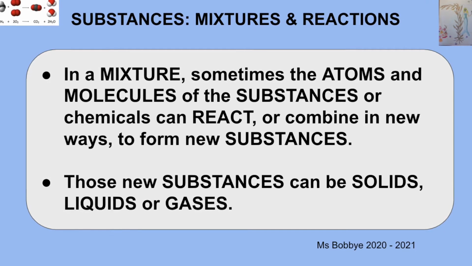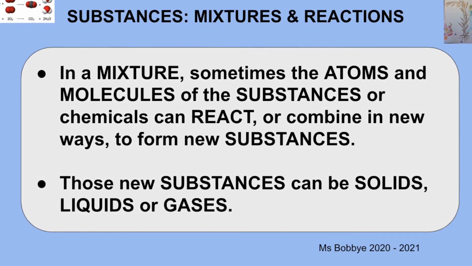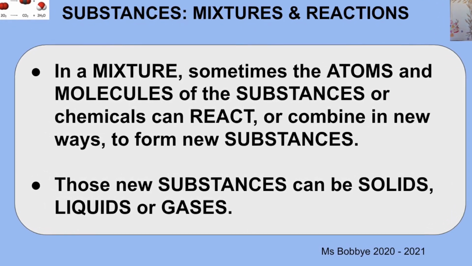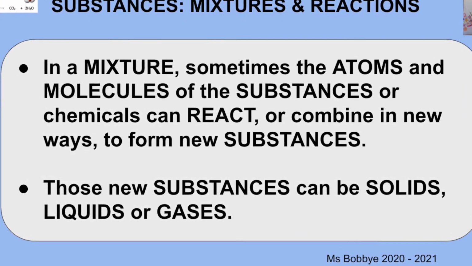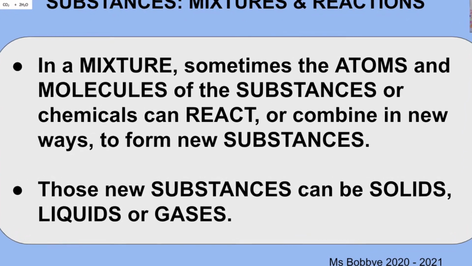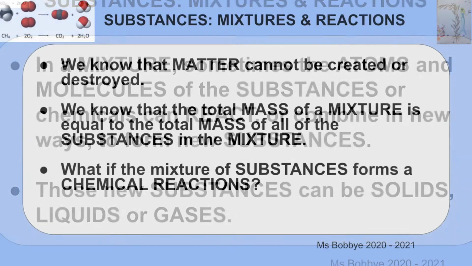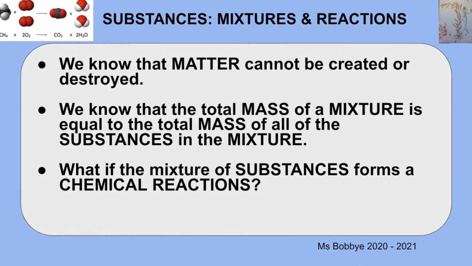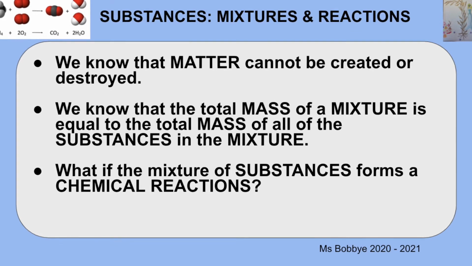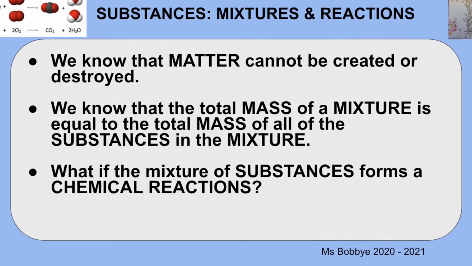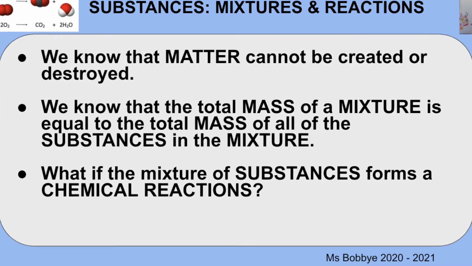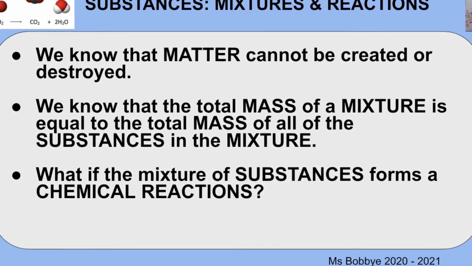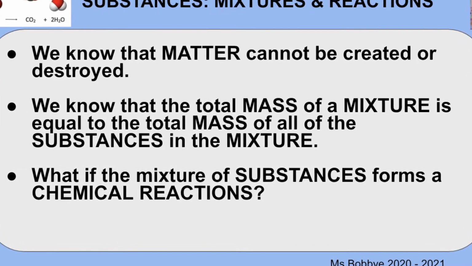We also know that in a mixture, sometimes the atoms and molecules of substances react or combine to form new substances, and those can either be solids, liquids, or gases. We know that matter can't be destroyed, and we know that the total mass of a mixture is equal to the mass of all the substances. But what happens if the mixture of the substances forms a chemical reaction?